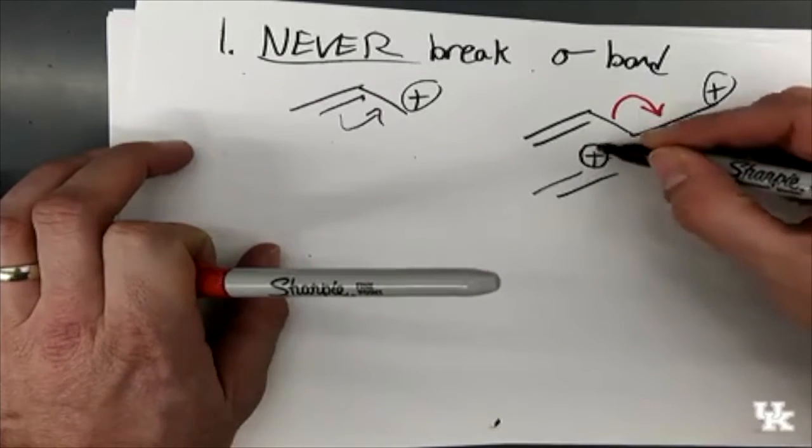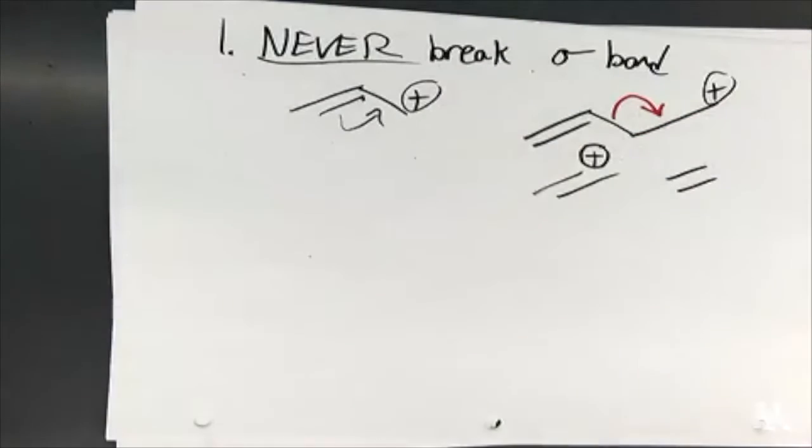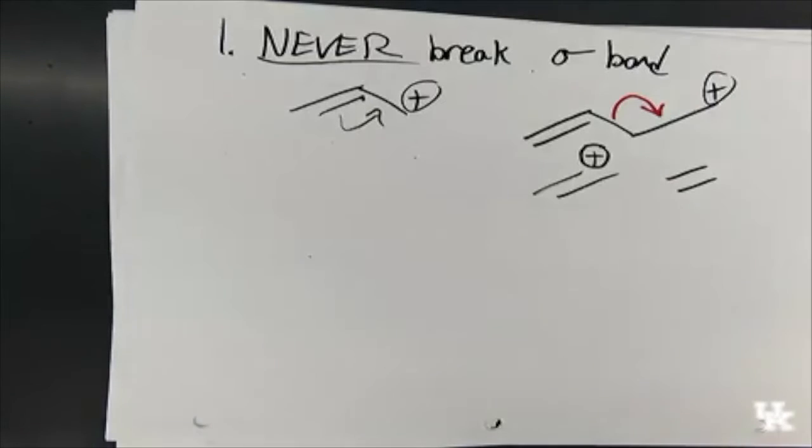I guess that would be a positive there. Okay, that's clearly now 2 new molecules you've made. And you're not talking about 2 molecules, you're trying to describe 1. You're trying to use pi electrons to describe 1 molecule. So never ever break a single bond. If you feel like you're about to break a single bond, stop and do something else instead. Okay?